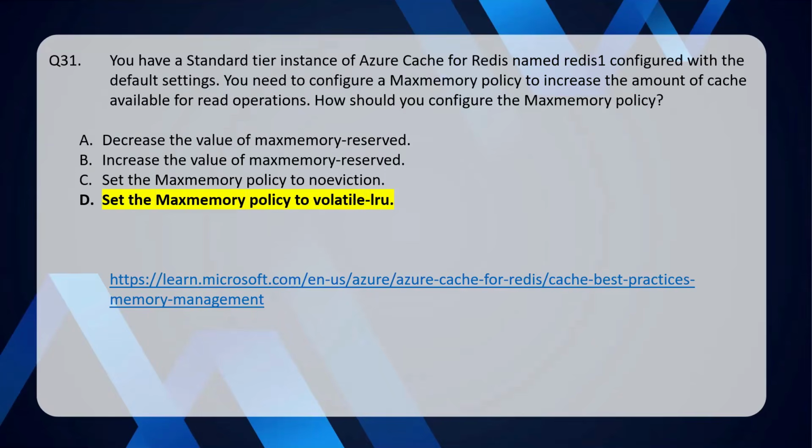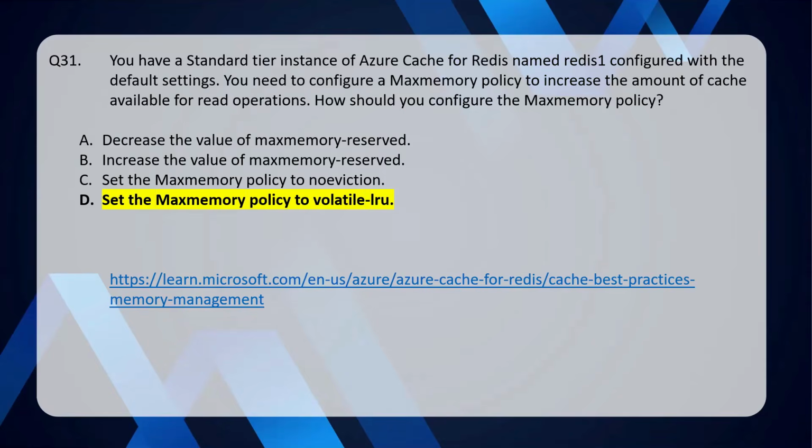Now, friends, decreasing max memory reserved will help marginally, but not as effective as setting the max memory policy to volatile LRU. Increasing max memory reserved is counterproductive as it will reduce the cache space, and no eviction will force Redis to start returning errors when memory is full.